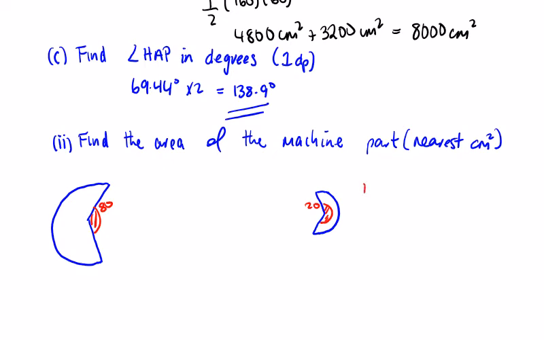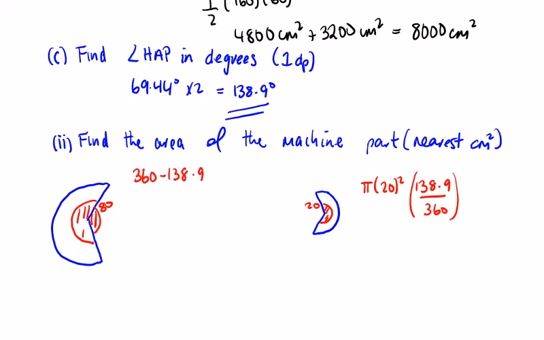And so I can get the area here, pi by 20 squared by the fraction of the circle. So 138.9 over 360 will give me the area of that one. And over this side, I need to get this angle, which is 360 minus 138.9.